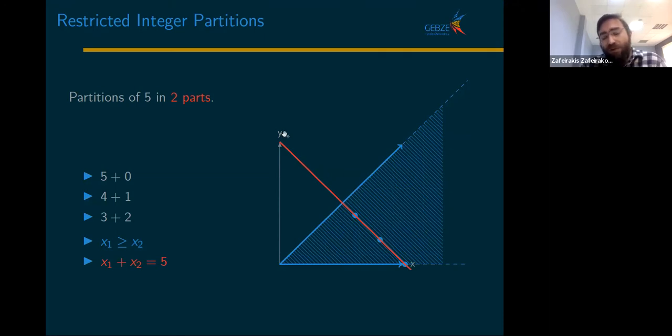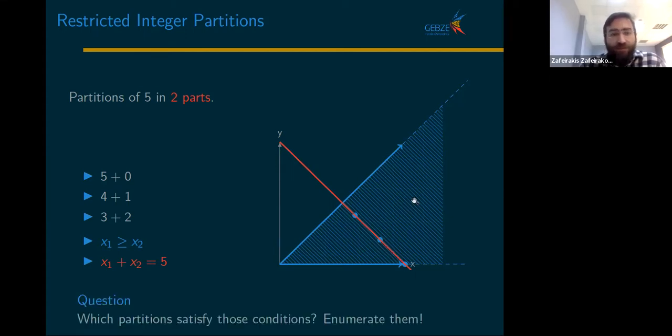So essentially what we want is the integer lattice points. When I say lattice points, I mean points with integer coordinates in this intersection.